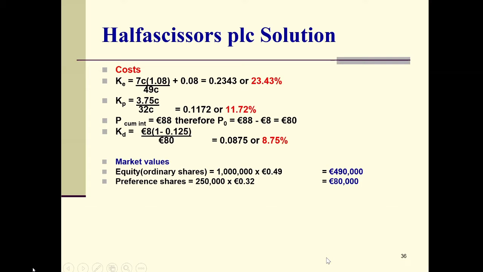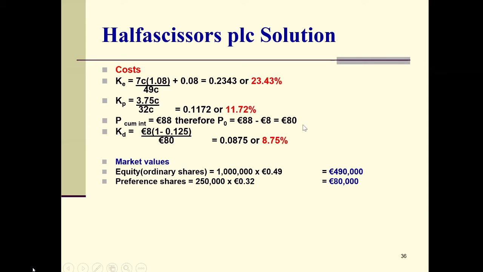And the last one was the debenture. Be very careful with this one. How much did they borrow? If you look at question 3, you'll see the debentures. They borrowed 100,000 euro from the general public, but it's not trading at 88, it's trading at 80 ex interest. So there's the value.